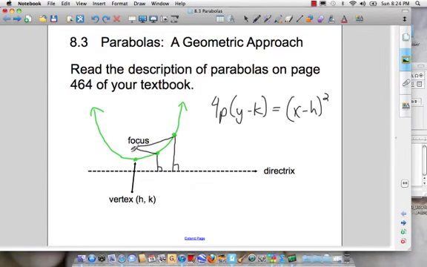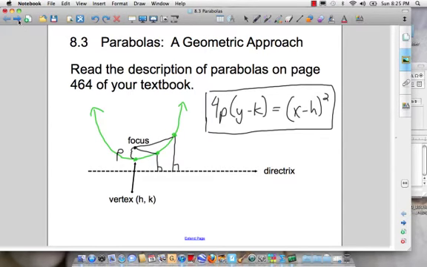Well, p is the distance from the vertex to the focus. Anytime a parabola is opening up or down, its equation can be thought of like this. If it's opening downward, p is going to be negative.